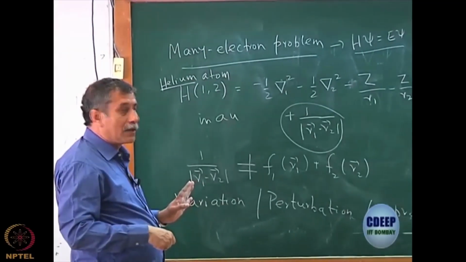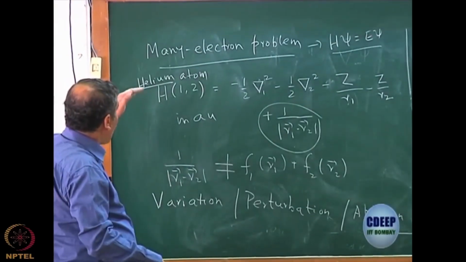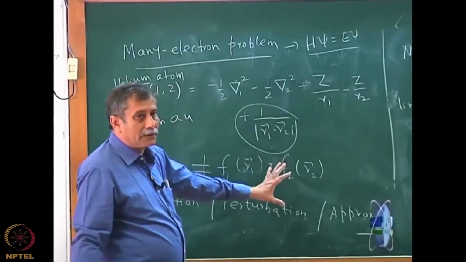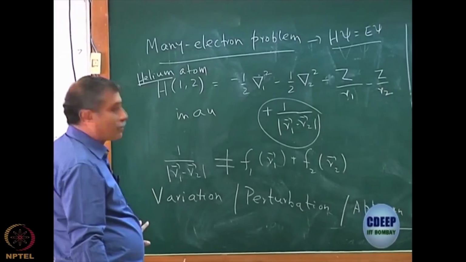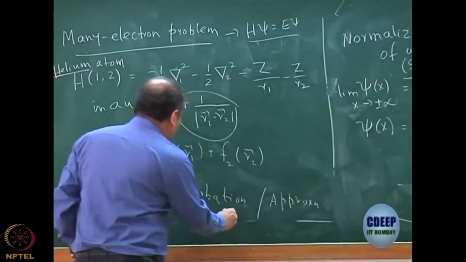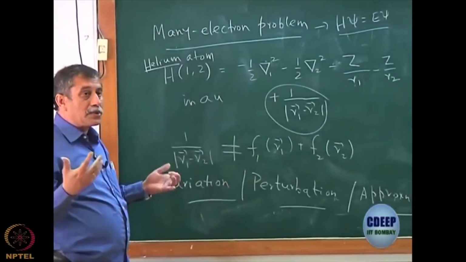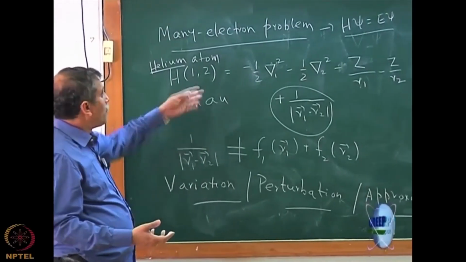The problem came when we actually wanted to solve the many-particle problem, where there is a genuine term which is non-separable, and hence the problem cannot actually be solved. So we have to resort to approximate methods, and the two approximate methods that we discussed were variation and perturbation. And we have to see how to integrate each of these approximate methods to make solutions from this.